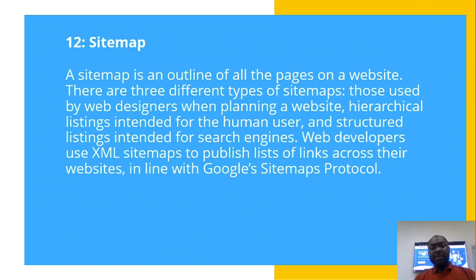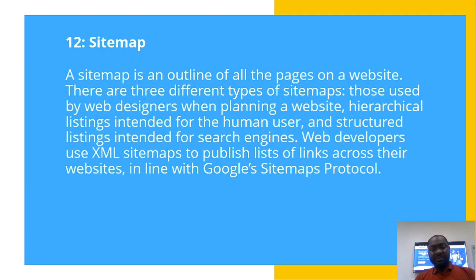Now, we look at the sitemap. To understand a sitemap, you need to understand what search engine optimization is all about. A sitemap helps you to put planning into place. It shows a detailed listing of the pages and things that go into your website, all the things you've created, and this can be accessed using what we call XML.